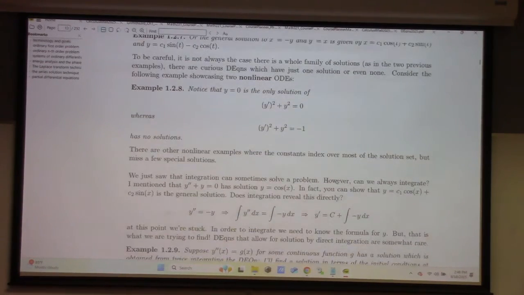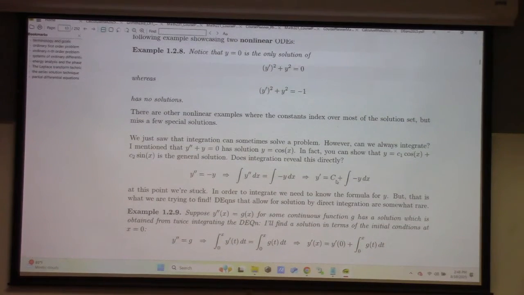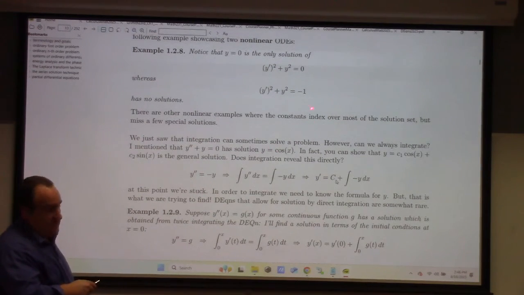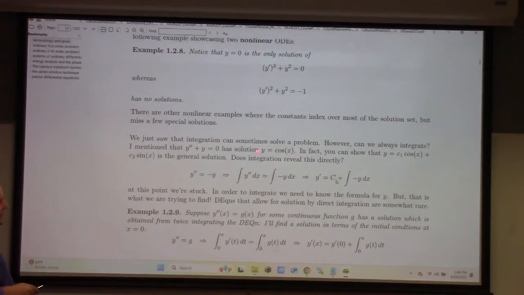Here's a way we can derive that cosine solution I was just showing you guys. Does integration reveal this directly? Not quite directly, but we have y double prime equals minus y. That's what we're trying to solve. So if we integrate both sides, we'd have the integral of y double prime dx equal to the integral of minus y dx.